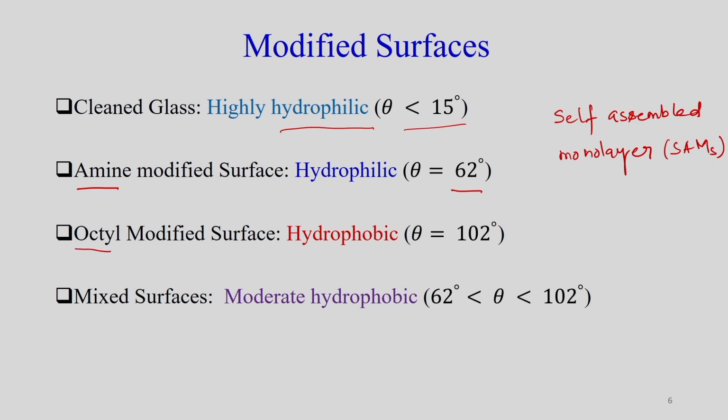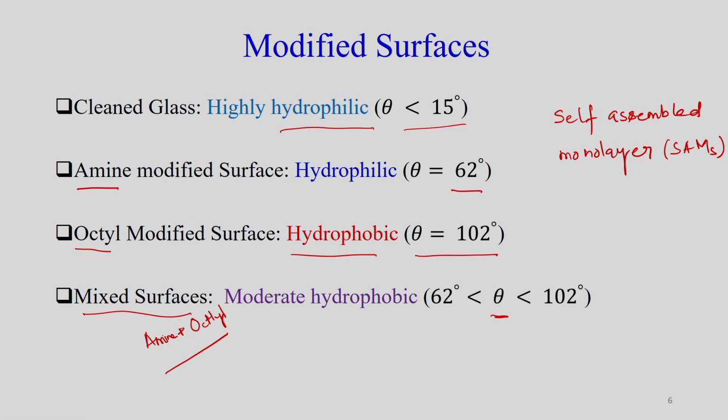We also modify with the octyl functional group, its contact angle was 102. So, it is a hydrophobic surface, and we also form different mixed surfaces by mixing the amine plus octyl in different ratios. If you remember the Cassie equation, the contact angle will be intermediate between these two values.